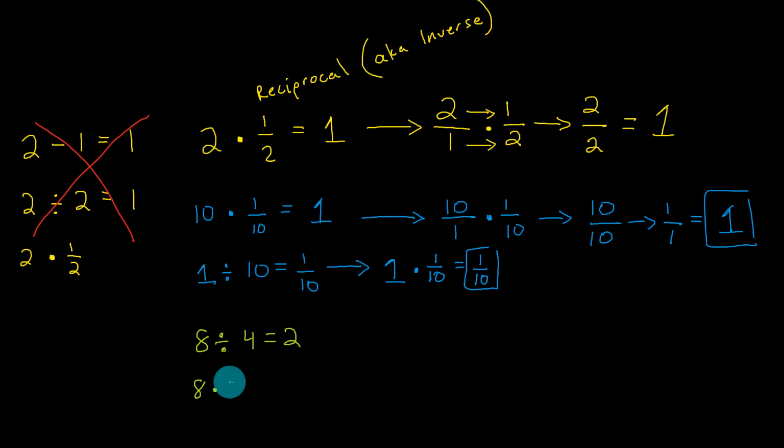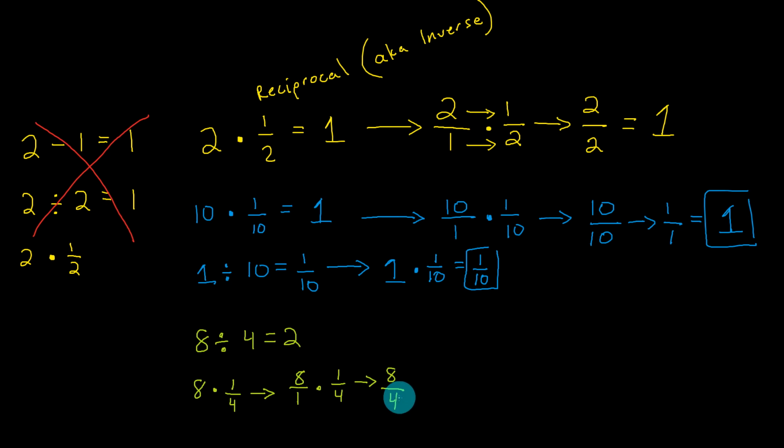So the reciprocal of 4 is 1/4. All I have to do from here is take 8 and rewrite it as a fraction. So 8 over 1 times 1 over 4. 8 times 1 is equal to 8, and 1 times 4 is equal to 4.